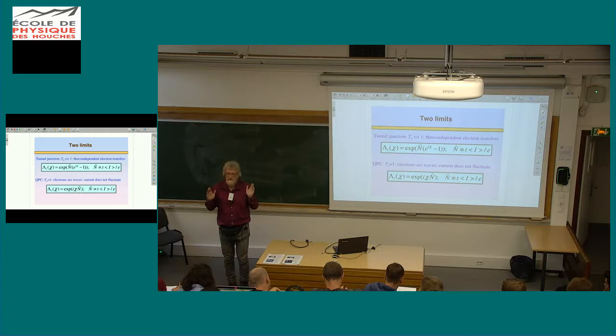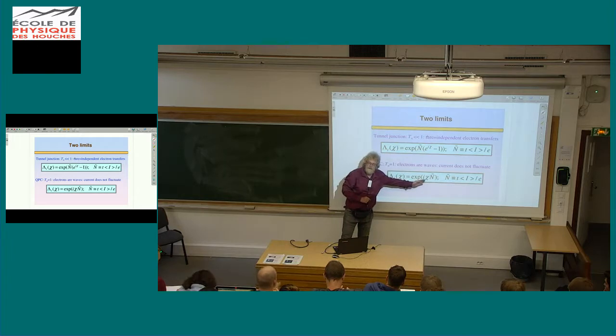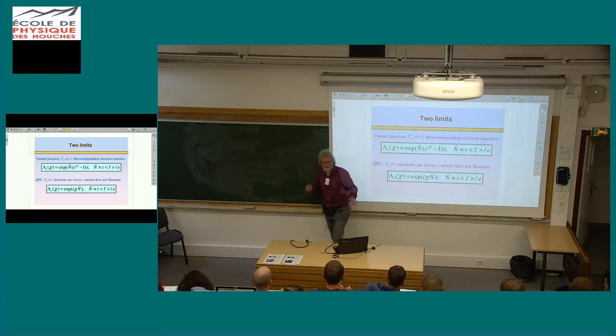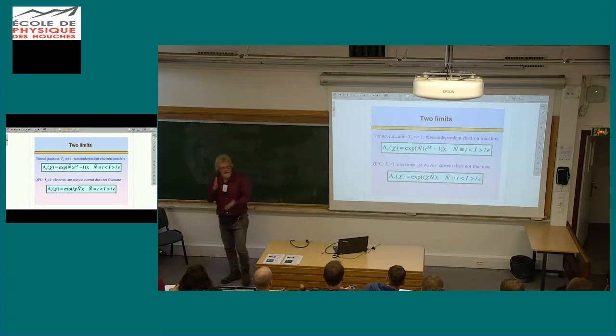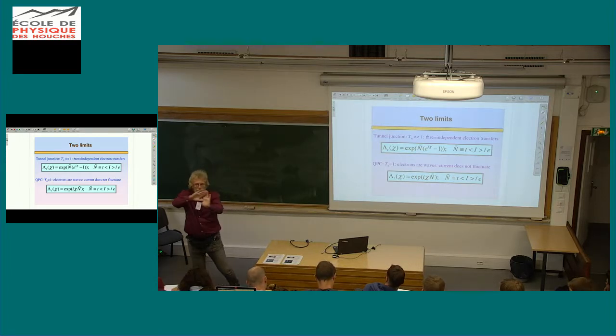This means that in this situation we expect no noise whatsoever, and the number of electrons in a time window is just fixed. That's it. So there are two limits: independent single electron transfers, and the noiseless configuration of an electron wave which just moves through the junction.